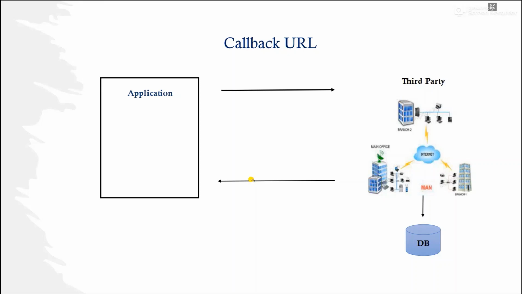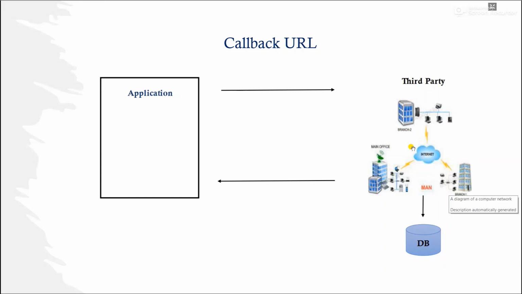So let's have this application again, and let's have some third party that we're talking to with the network, and they have some services or objects that exist on their premises or in their data centers or in their company zone.